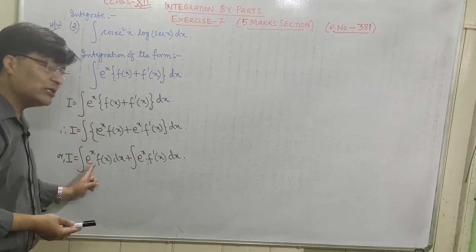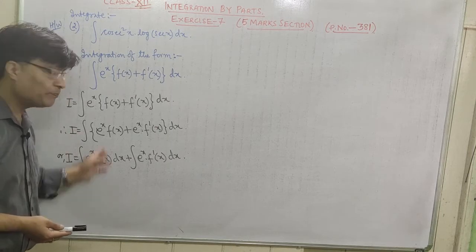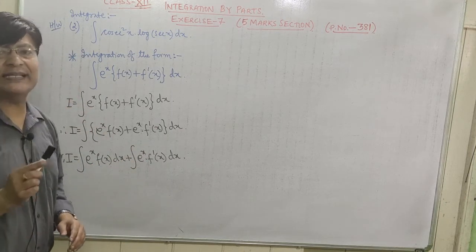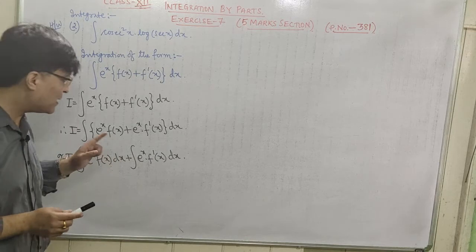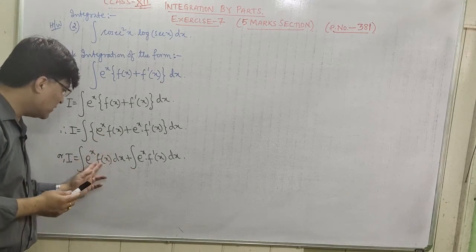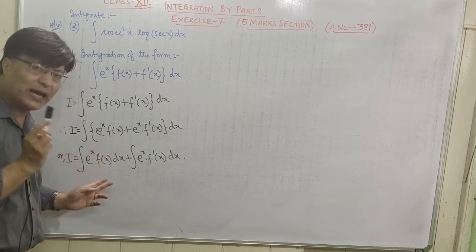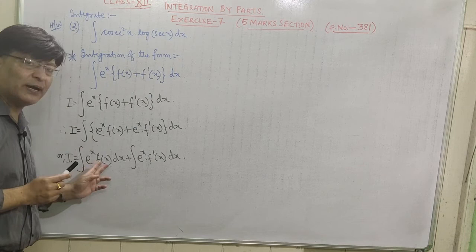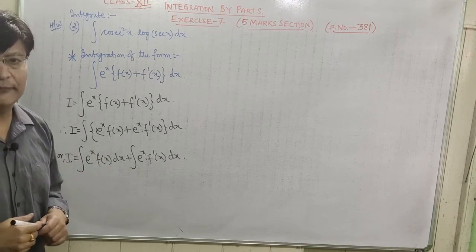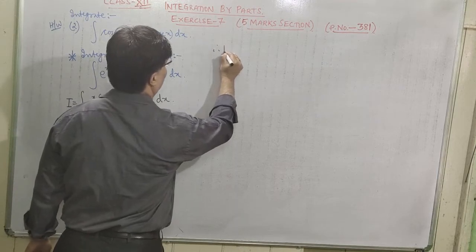So let us use integration by parts for the first function only, but you have to keep the second term as it is. Don't use integration by parts for the second function. Is that clear? Because differentiation of the first function is the second function. That's why we are using integration by parts for the first function only. Is that clear?